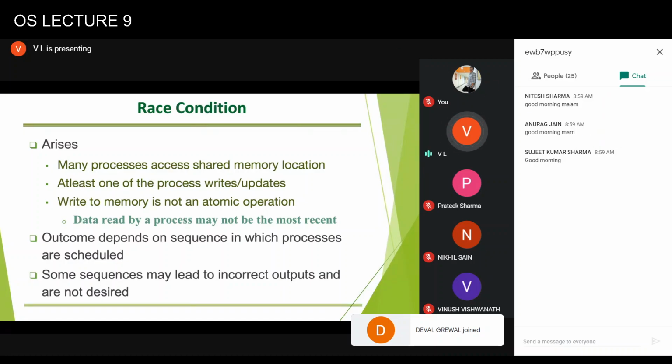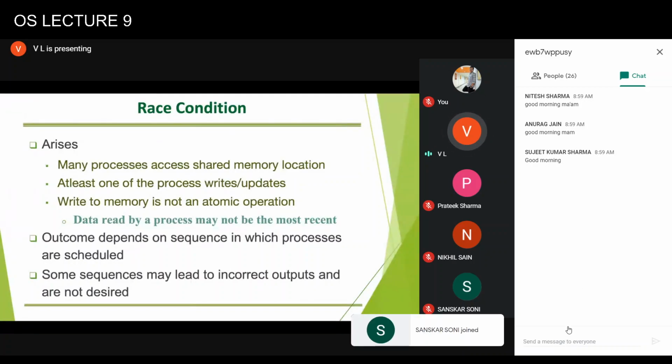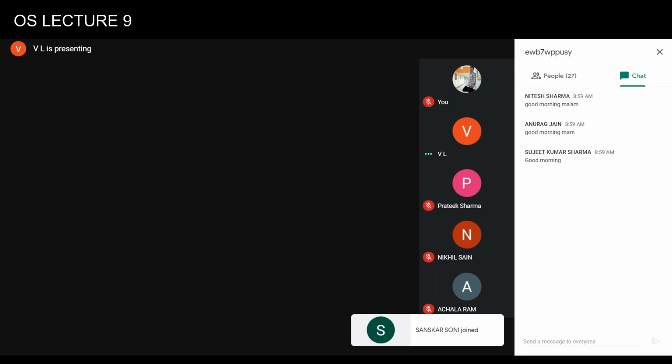If these processes are cooperating to produce a result, the outcome may be different depending upon what was read by which process. So a race condition arises because the data read by a process may not always be the most recent one.